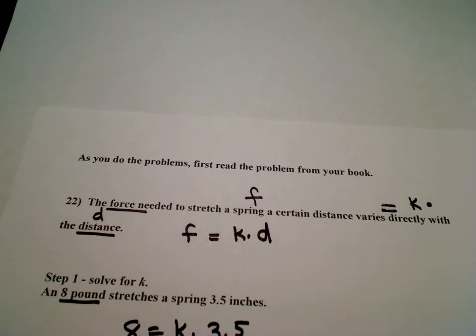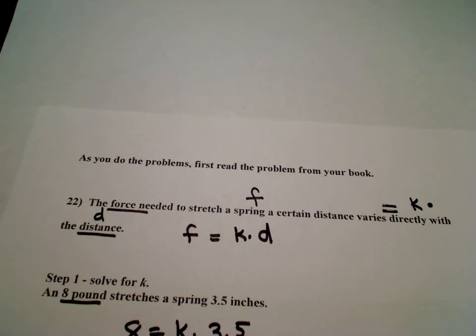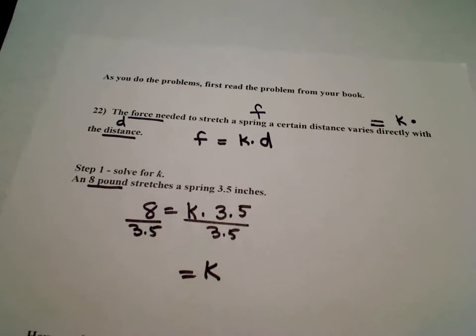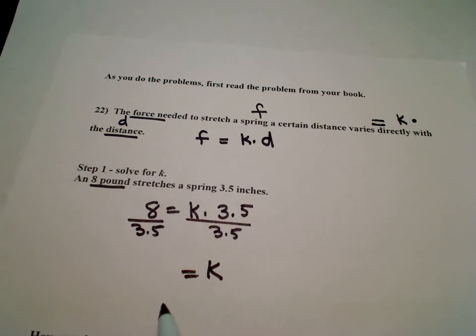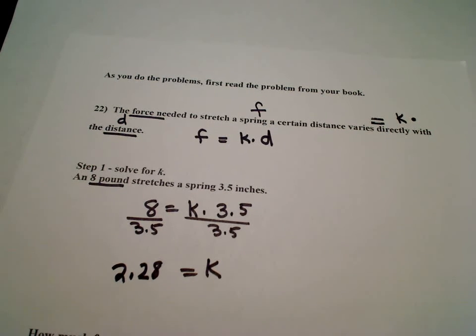So I divide both sides by 3.5, solving for k. Therefore, k is 2.28.